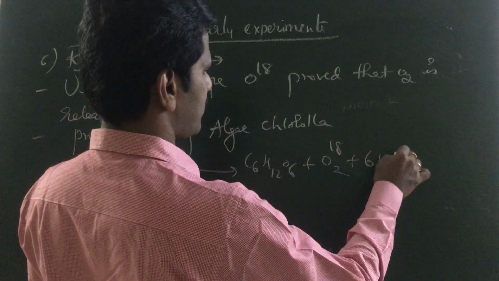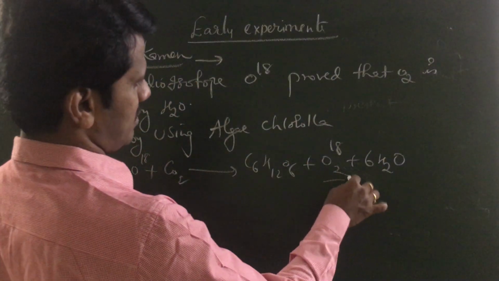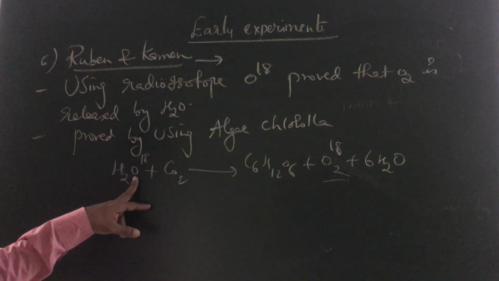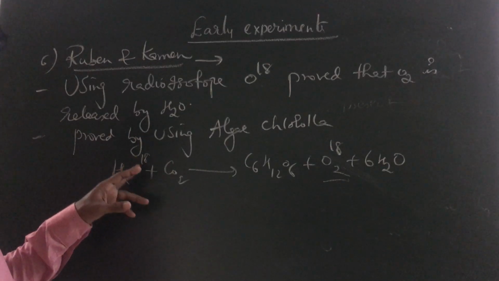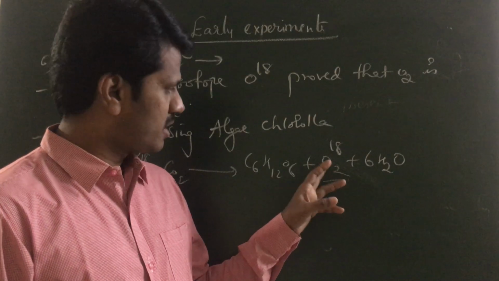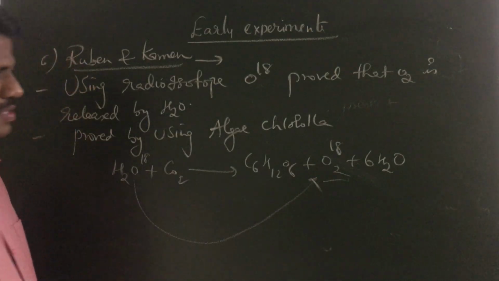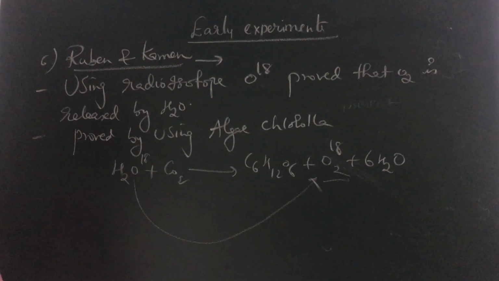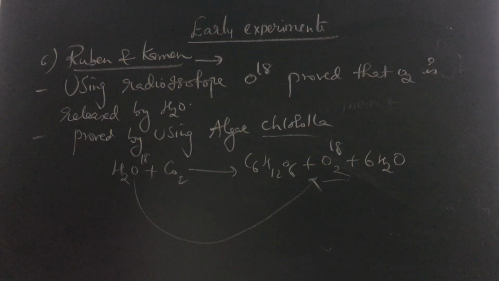You don't see the radioactivity in the oxygen of water. Only the free oxygen has the radioactivity. That means the oxygen of water is radiolabeled, and that is seen in the free nascent oxygen. Therefore you can say that the oxygen is released from water, but not from carbon dioxide. This is another experiment by Rubin and Kamen in the alga Chlorella.